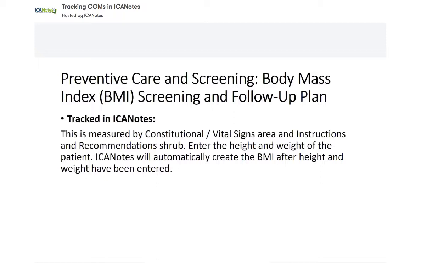And you do have those patients that will refuse that, and that's fine. We've got you covered in ICANotes as far as that. But a numerator statement, so those are your denominator statements. Your numerator statement is patients with a documented BMI during the encounter or during the previous 12 months. And when the BMI, again, is outside of those normal parameters, a follow-up plan is documented during the encounter or during the previous 12 months of the current encounter.